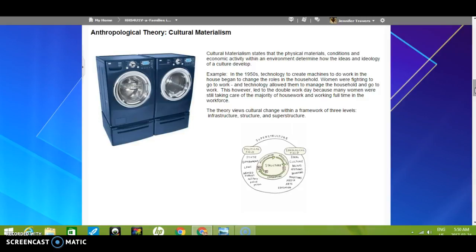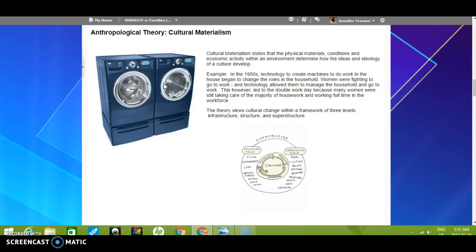So say, for example, if we were to go back to the 1950s, I'm seeing this picture of washers and dryers. What's important to pay attention to here is that the family was revolutionized when technology became a part of the family and brought into the household. Women who were typically in charge of household chores now had machines to help them, and they could do it in a fraction of the time.